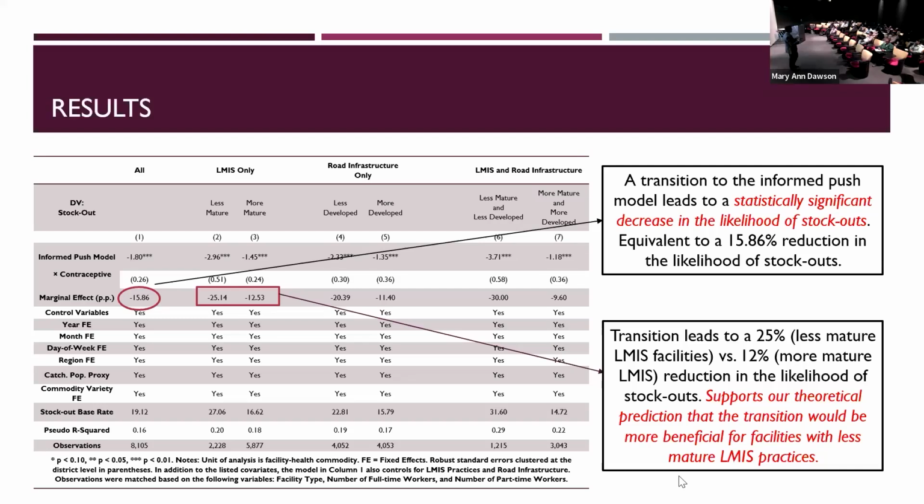So the benefits are roughly half as we go from facilities with less mature to more mature LMIS practices. And this is what we had predicted. This supports our prediction that the transition would be more beneficial for facilities with less mature LMIS practices.